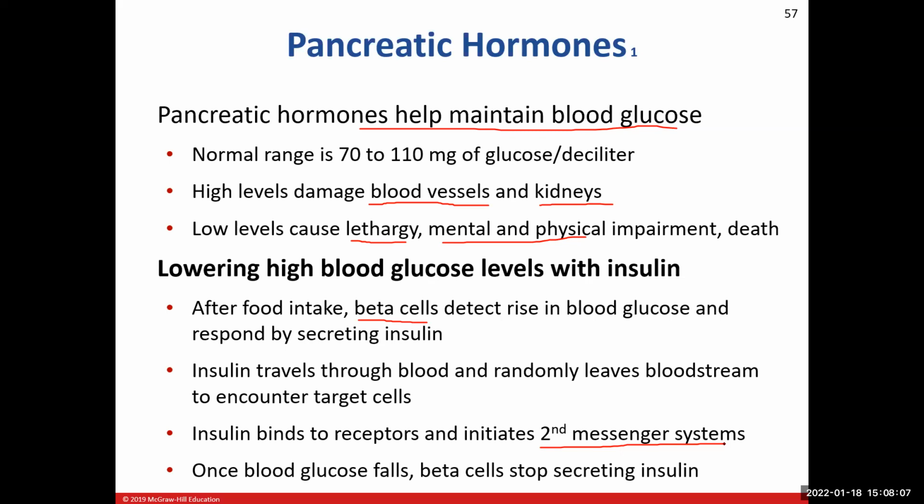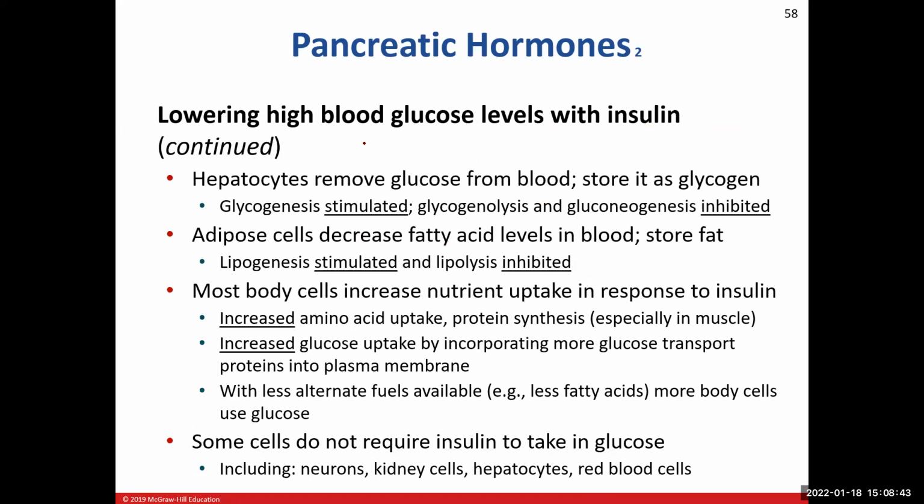How does that happen? Well, those cells will start to absorb and take in glucose. And as the blood glucose levels fall, the beta cells will then stop producing insulin to keep us within, like I said, this normal range, 70 to 110. That's how much we're always trying to manage. Remember, homeostasis. We want to maintain that healthy operating range and flow back and forth in there.